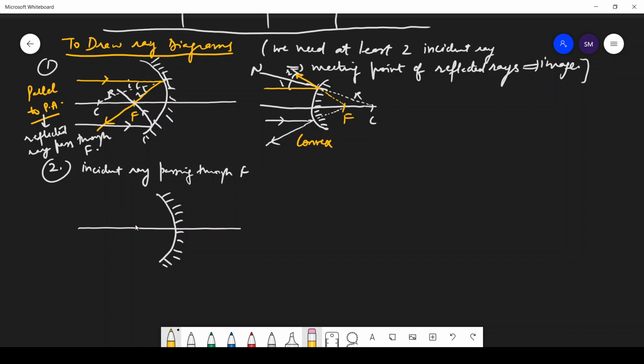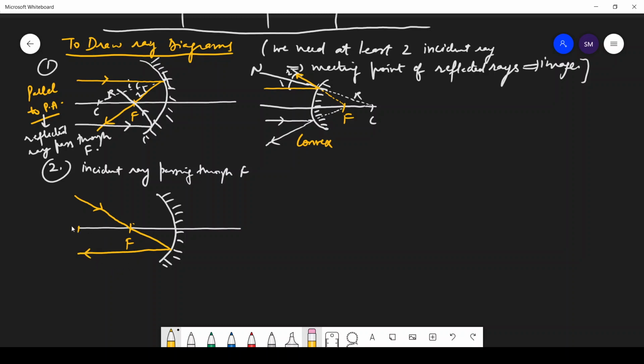This is my focus, the focal point, and now the ray is coming, passing through this. This is my incident ray. Now what will happen? Again there will be a normal, this radius, the center of curvature, and then again the laws of reflection will be there, and we will have the reflected ray.